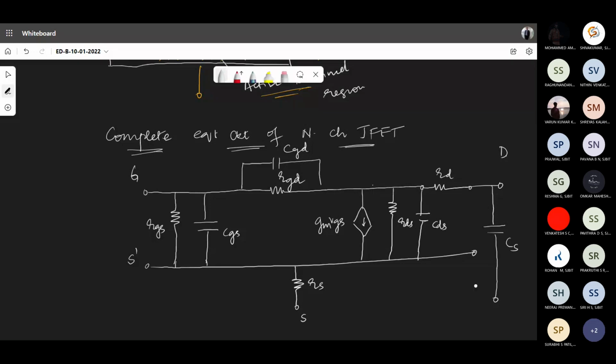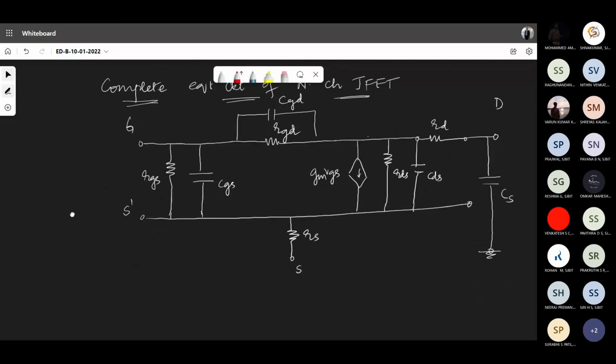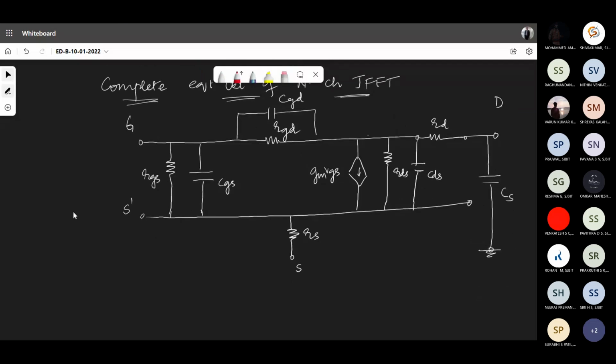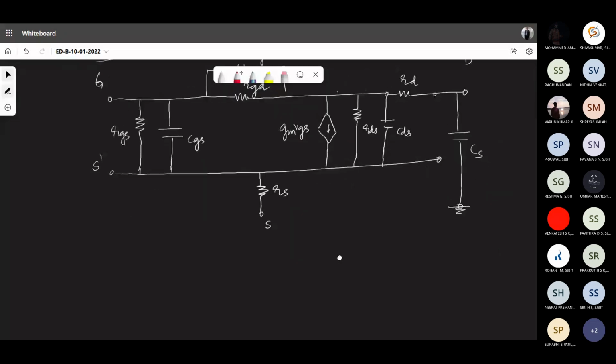Assuming that it's all good till here, we shall now write the low frequency small signal equivalent model. Now we shall proceed further into what is called the low frequency small signal equivalent model. So the second half is very easy to write.